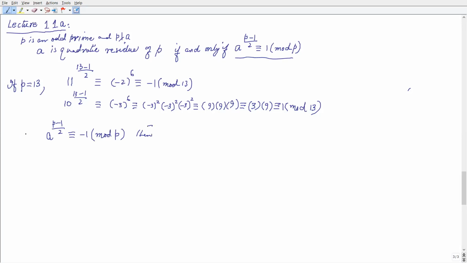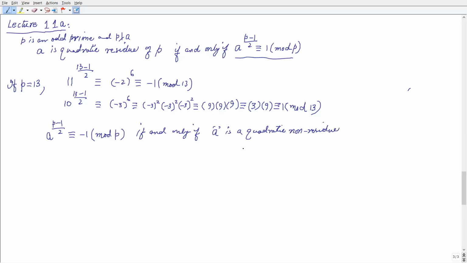This condition is an if and only if condition, so it is better to write if and only if.